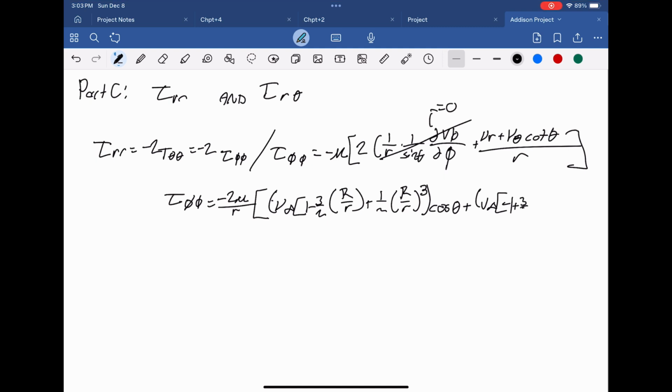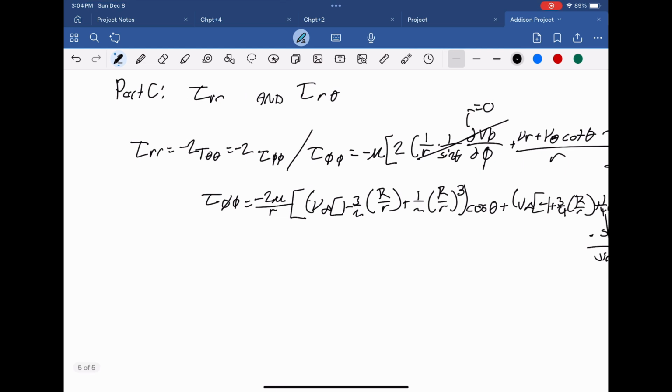I'm just pulling these again from the velocity functions that we got in part A. And this is going to be multiplied by cotangent, which is just cosine over sine, which the sines are going to cancel out.